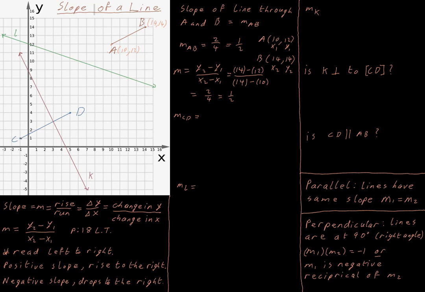If we go from C to D, we go 1, 2, 3, 4, 5, 6 of a run across, and 1, 2, 3 up. So our rise would be 3 when we run across by 6. We have a common factor of 3, so we divide above and below by 3, and we end up with a slope again of a half.